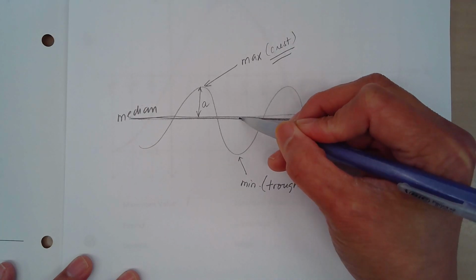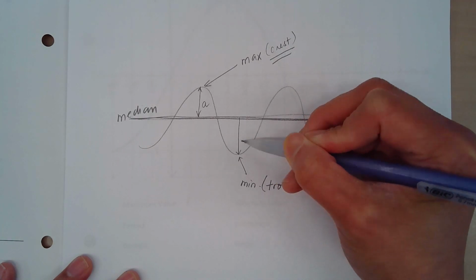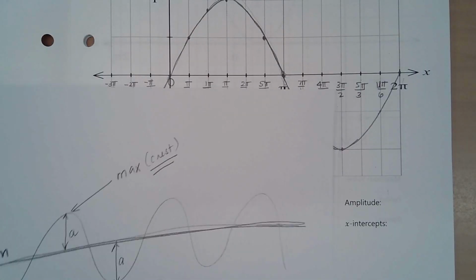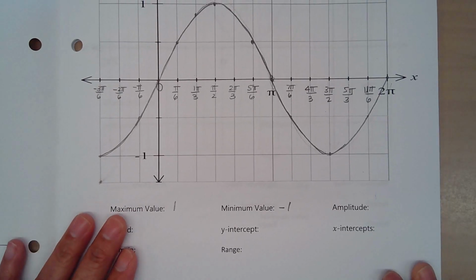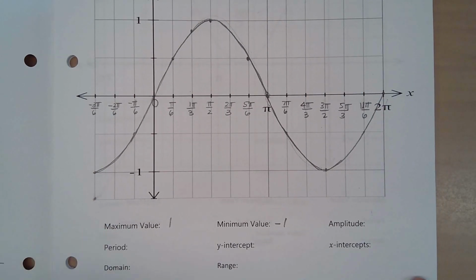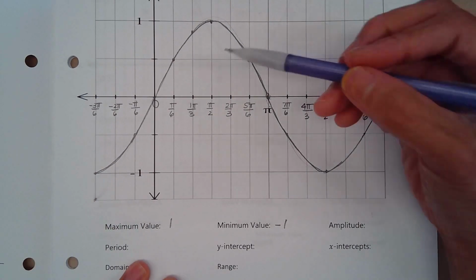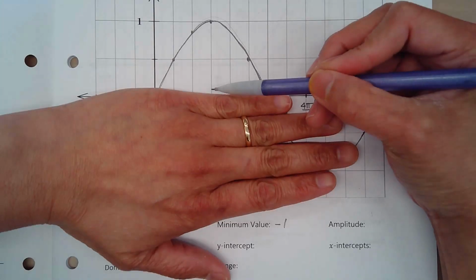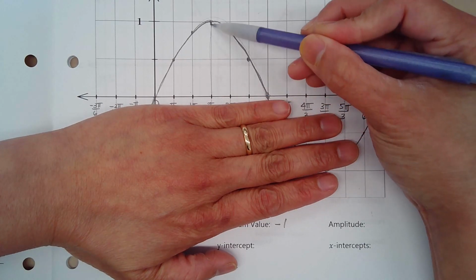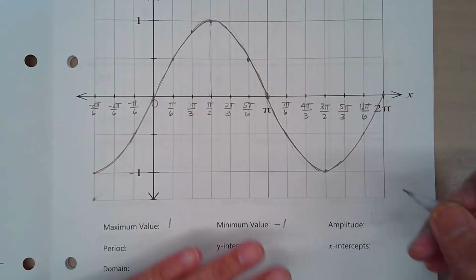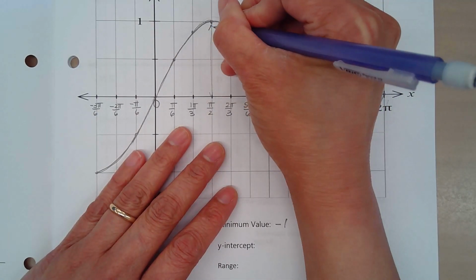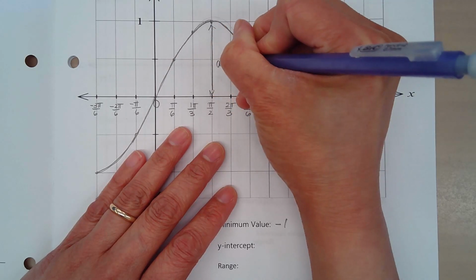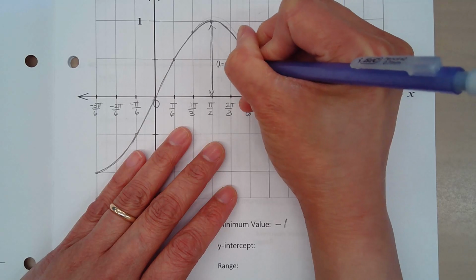It's from the middle to the minimum. That's also an A. So what's the amplitude here? The amplitude is 1. From here to there.